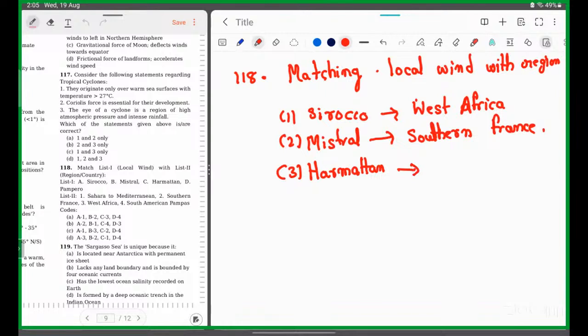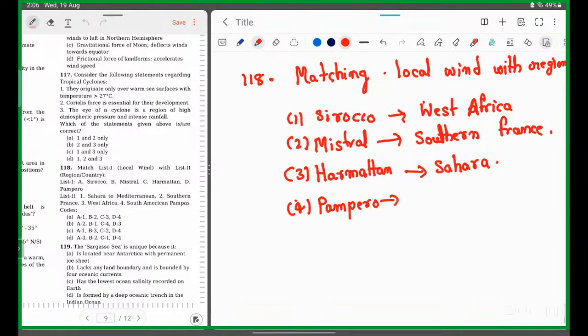Harmattan is related to the Sahara, the desert in Africa. And fourth, Pampero. It is the name given in the South American pampas.